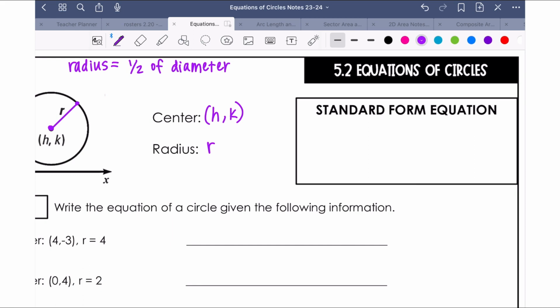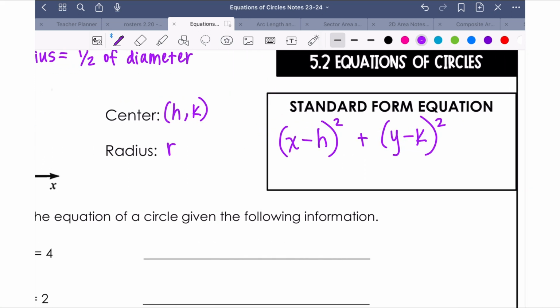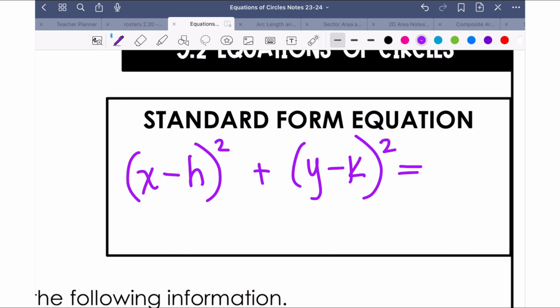So we're going to start with a parenthesis, and then inside it's going to say x minus h, close parenthesis, then we have a squared, plus parenthesis y minus k, close parenthesis, squared, equals your radius squared. Okay, so lots of stuff going on here.